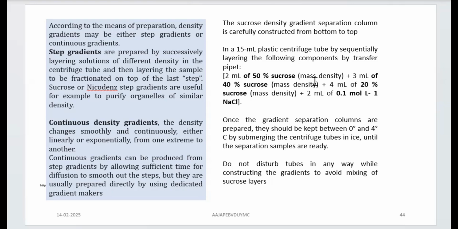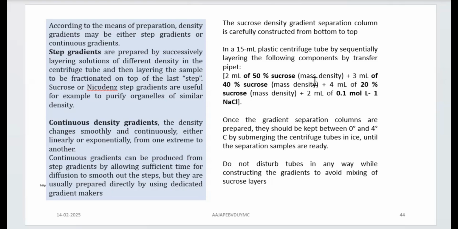For some specified time, provided you are storing it under low temperature, say 4 degrees Celsius, such separate zones can be maintained. But if you allow these zones to diffuse, right, if you give sufficient time for the diffusion, then at the bottom you have 50% sucrose, and at the top of that you have 40%. So at the boundary of 50 and 40, you will have some degree of mixing, and it would generate 50, 49, 45, and then 40.